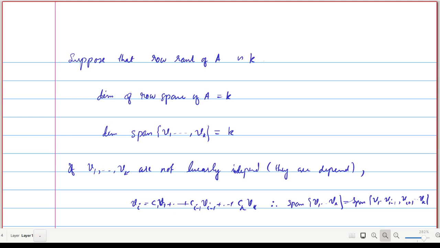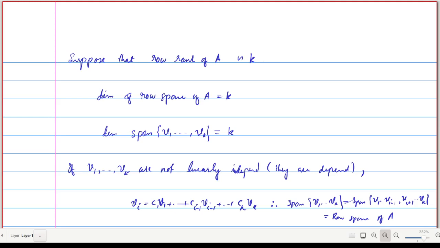We know that this span is what we called the row space of A. So the span of this is the same as the span of this, and any spanning set contains a basis of that vector space.